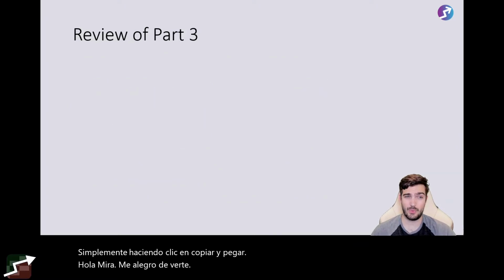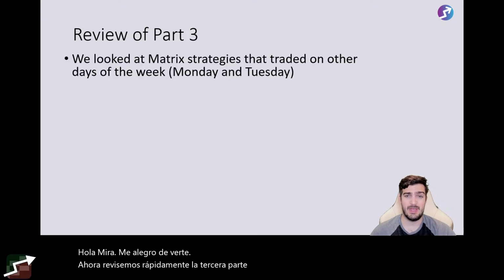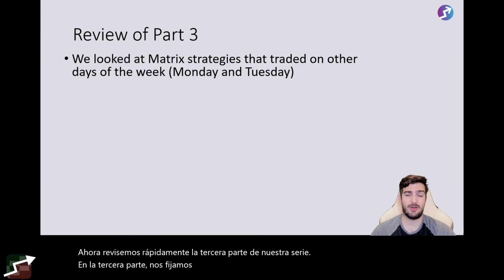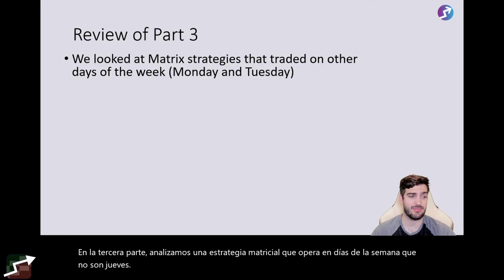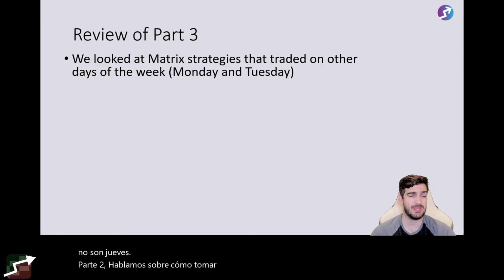Now, let's quickly review part 3 of our series. In part 3, we looked at a matrix strategy that trades on days of the week that aren't Thursday. In part 2, we talked about how to take that Thursday strategy and tweak and adjust it to meet our needs.